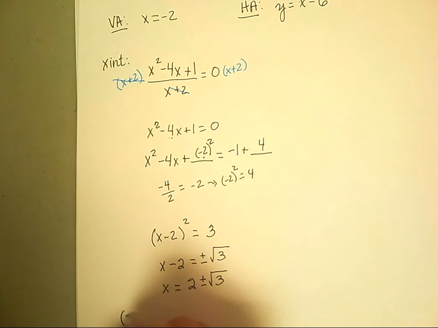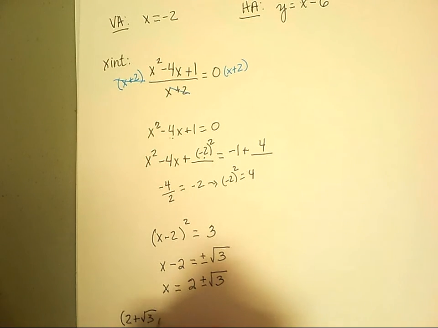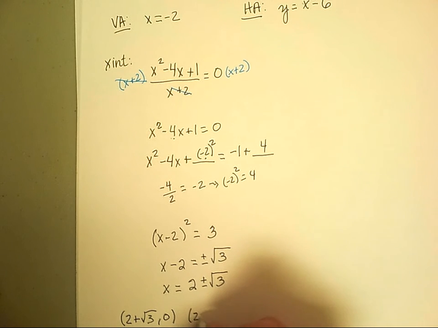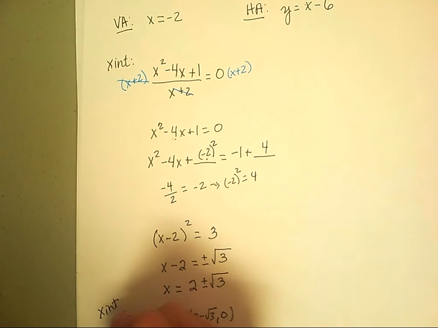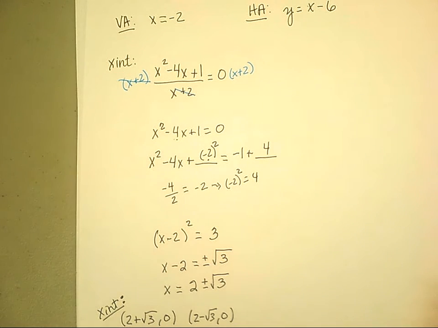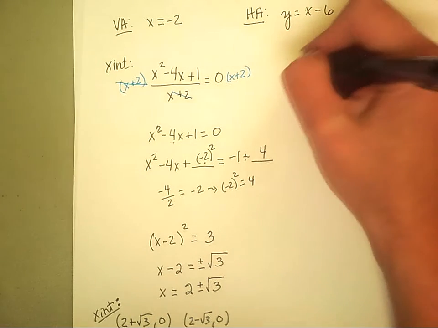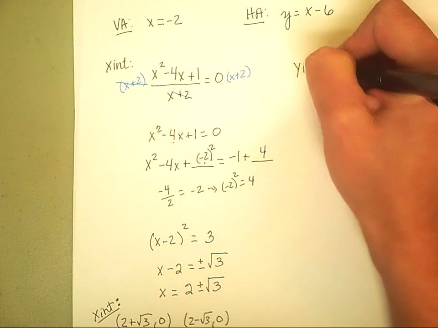Okay, so we have x-intercepts at 2 plus root 3, comma 0, and 2 minus root 3, comma 0. These are our x-intercepts. Let's find some y-intercepts.